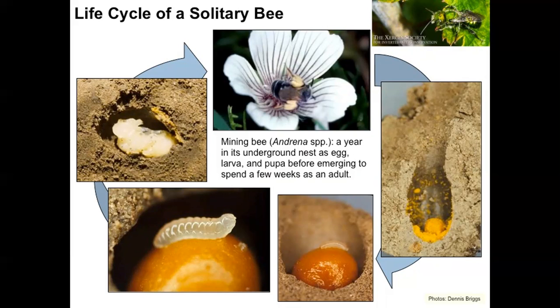She spends her time creating a nest, finding provisions for her young. She'll make a nest, and with each brood cell, where she lays just one egg per cell, she will provision the cell with pollen and nectar, and then she lays that egg in that pollen ball. And after weeks of preparing and provisioning 2 or more dozen brood cells, she dies. The eggs hatch, the larvae eat the pollen, they grow through those instars. But once the pollen ball is consumed, the larva pupates, and most species spend the winter as pupa, and then they emerge in spring as adults.